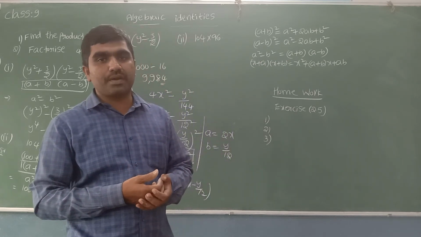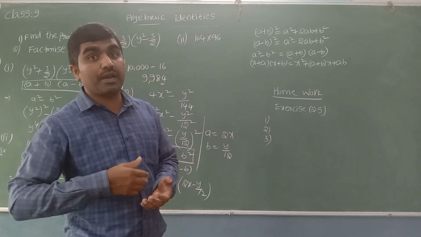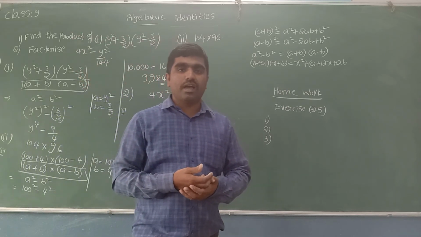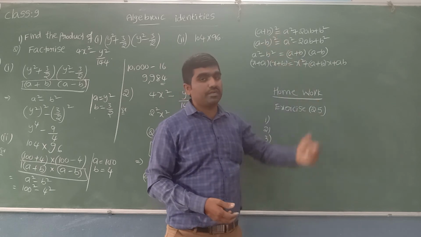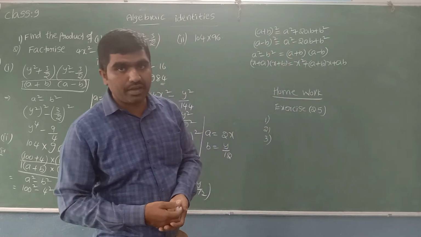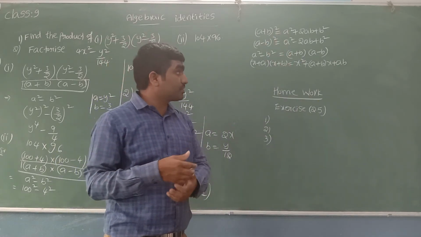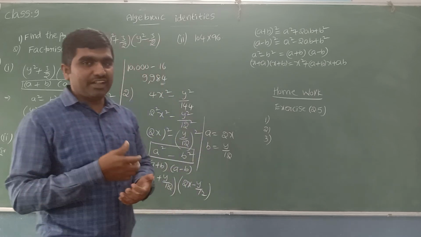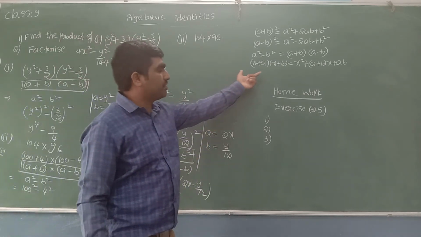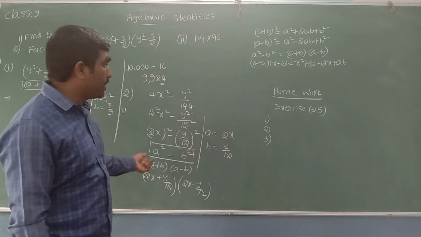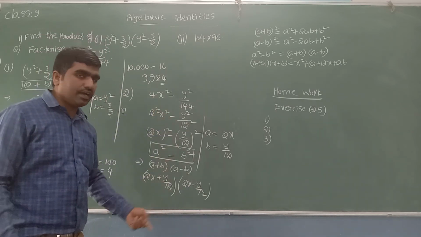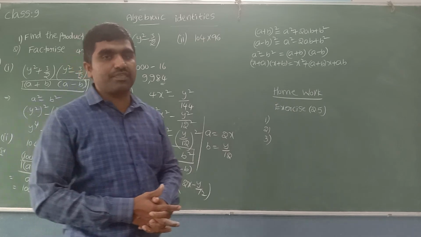Algebraic identity is nothing but an algebraic equation which is true for all the values of the variables. And these algebraic identities we can use to find the product of expressions, and also to factorize the expressions. Hope it is clear for everyone.